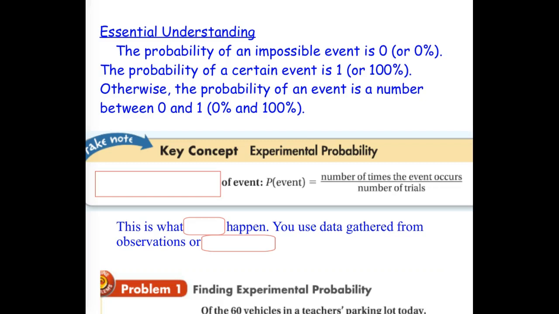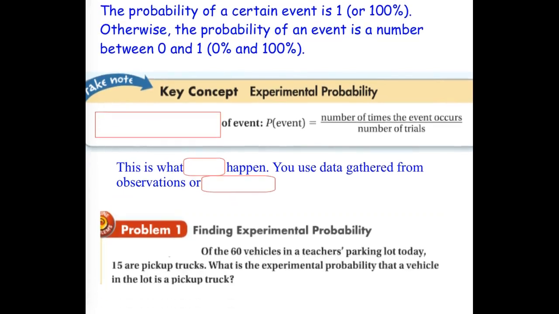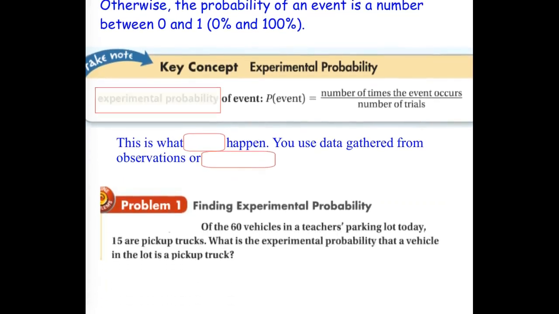Okay? So our first topic here is experimental probability. To calculate the probability of some event, with experimental probability, we take the number of times the event occurs compared to the number of trials. So the idea with experimental probability is this is what does happen.